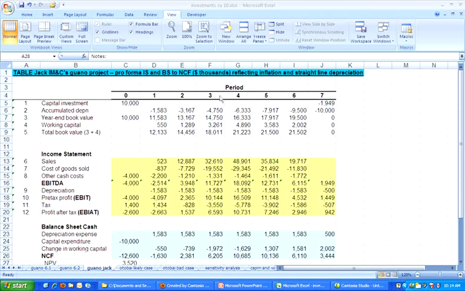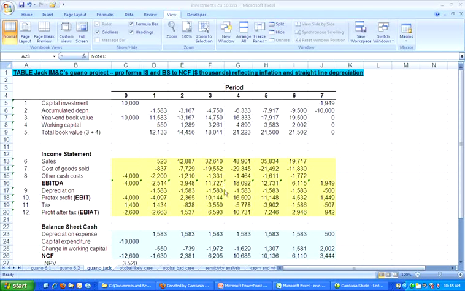Let's look at the pro forma income statement for project year 3. In year 3, we have projected that sales or revenue are going to be $32 million. Cash costs are going to amount to somewhat over $20 million, leaving us with about a $12 million earnings before interest, taxes, depreciation, and amortization.